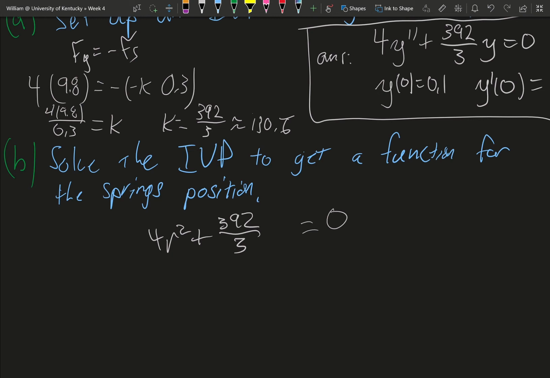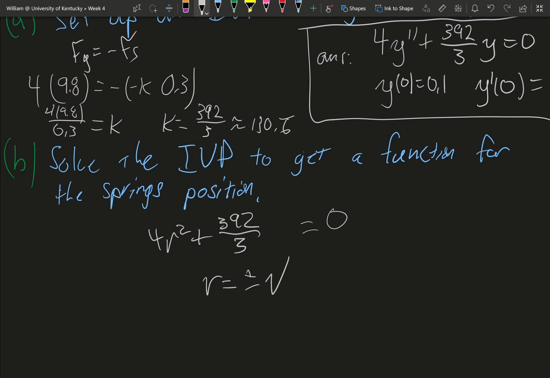So going ahead and solving for that, we're going to get r is equal to plus or minus the square root of, well, let's see, 392 divided by 4 is going to be 98.